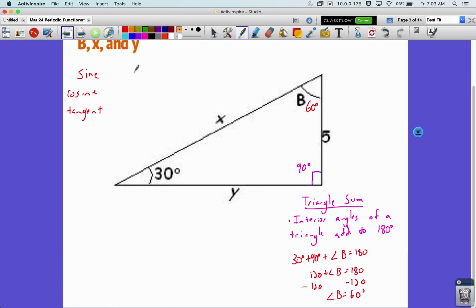So when we do sine of some angle theta, we always get the length of the opposite over the length of the hypotenuse. Cosine of theta always is going to give us adjacent over hypotenuse. And tangent of theta always gives us opposite over adjacent.